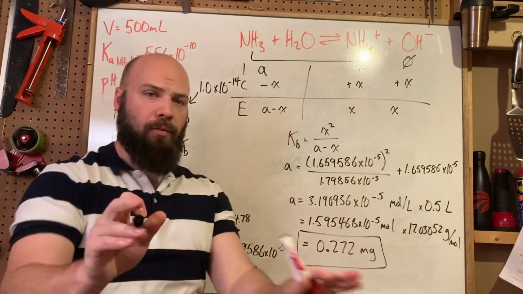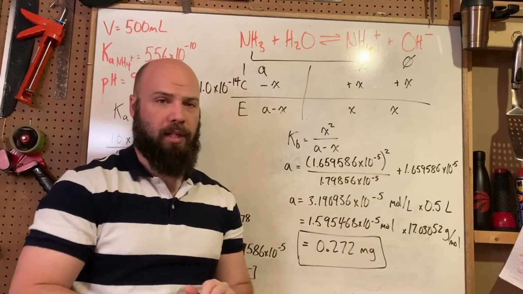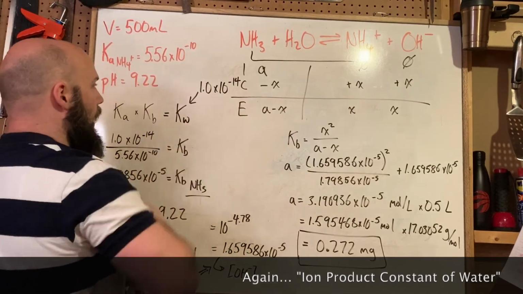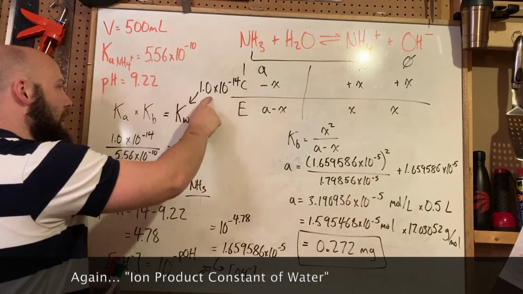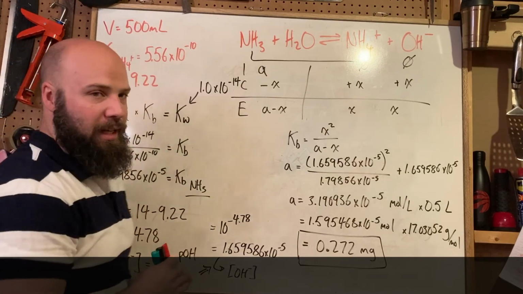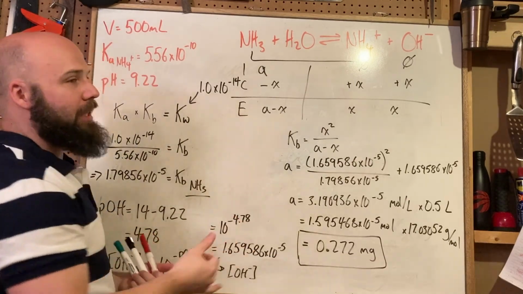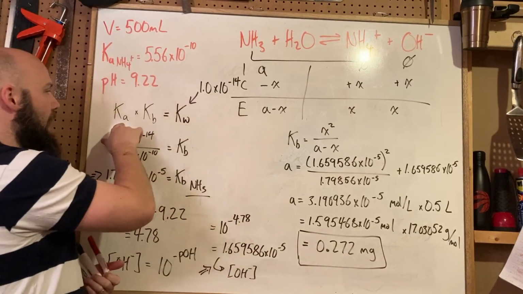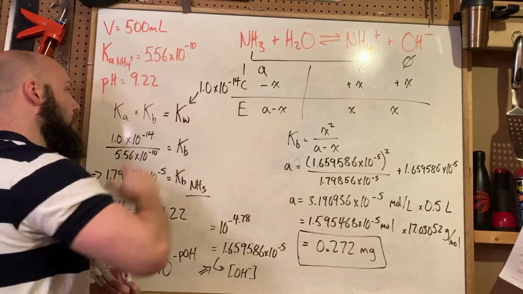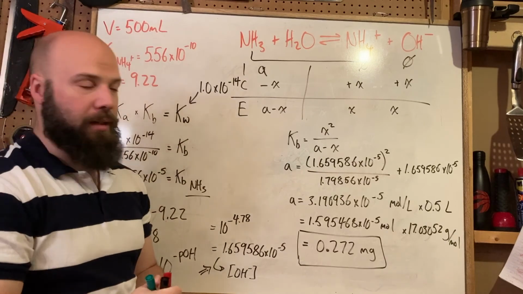So a few different things probably brought up for the first time in this question. The constant water product is 1.0 times 10 to the negative 10. And if you have conjugate acid-base pairs, the Ka and Kb value multiplied to each other will always get 1.0 times 10 to the negative 10.